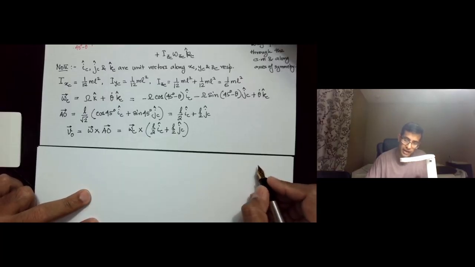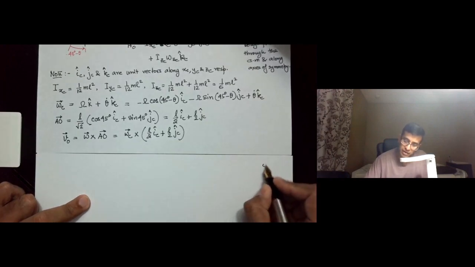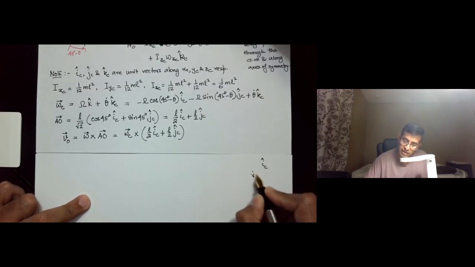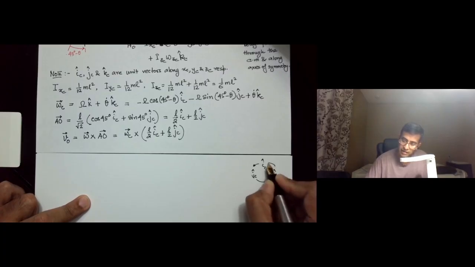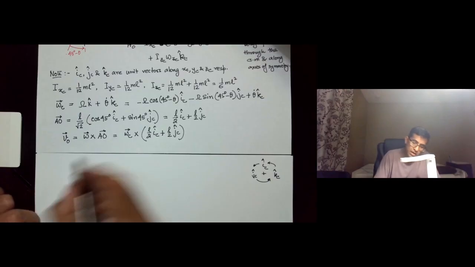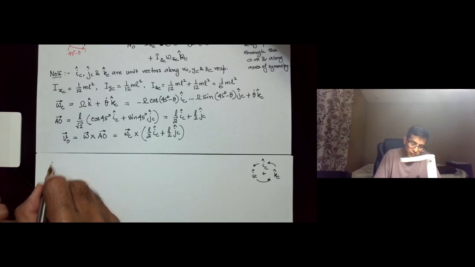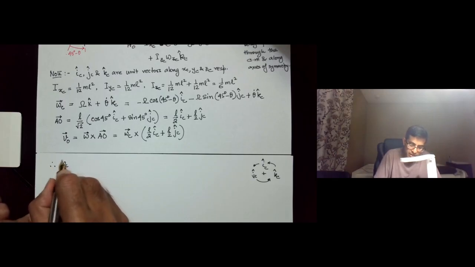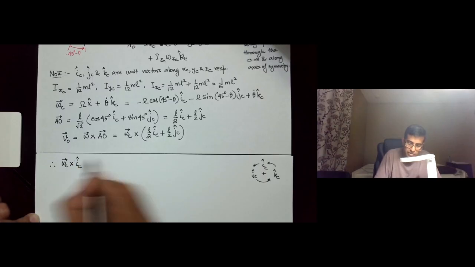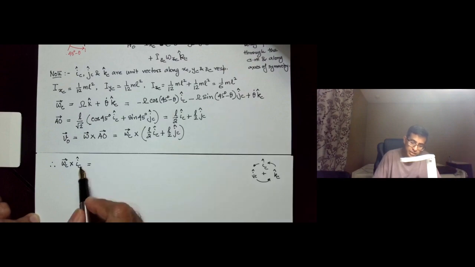So we note that we have the following triad: IC, JC and KC, which is a right-handed triad, and so this is the convention for doing the cross products. We have the expression for omega C, so omega C cross IC, which is the first term here, is this expression cross IC.